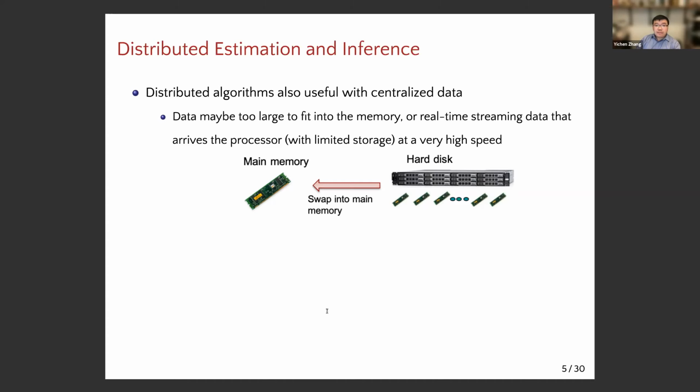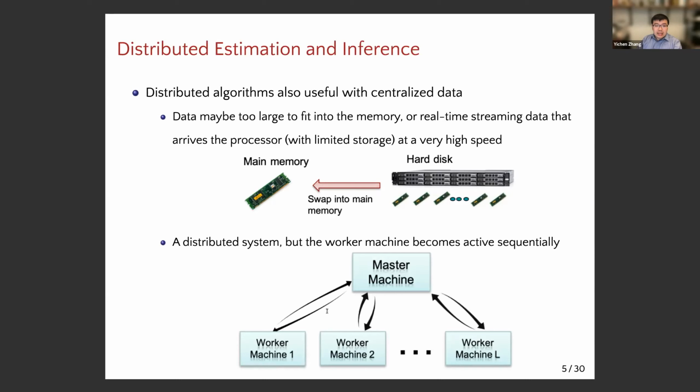So we may rely on some distributed algorithms to do so, even if we have data centralized on a hard disk but not able to put it into memory. Or other settings like real-time streaming data, online data that arrives at the processor at a very high speed, so that we cannot store all the data, and we will only be able to see one data point once.